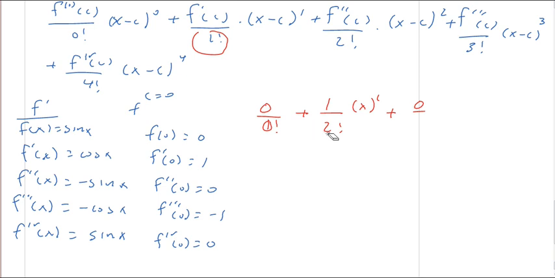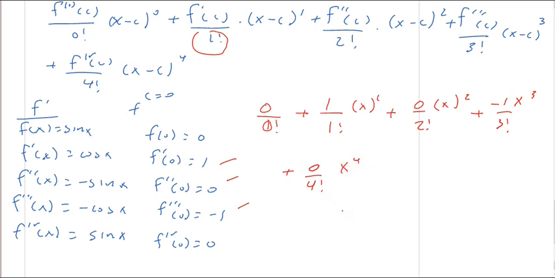So let me erase this. Sometimes it's tough reading my own writing, and speaking, I guess, sometimes too. So 2 factorial, and then this would just be x to the second, plus the next one would be negative 1 over 3 factorial times x to the third, and finally plus 0 over 4 factorial times x to the fourth.